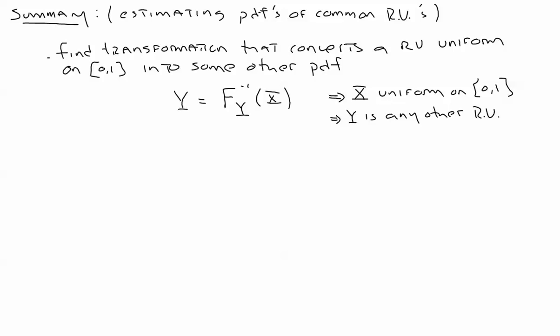And the transformation function that will convert a random variable x uniform on 0 to 1 into random variable y is the inverse cumulative distribution function for y evaluated at x.